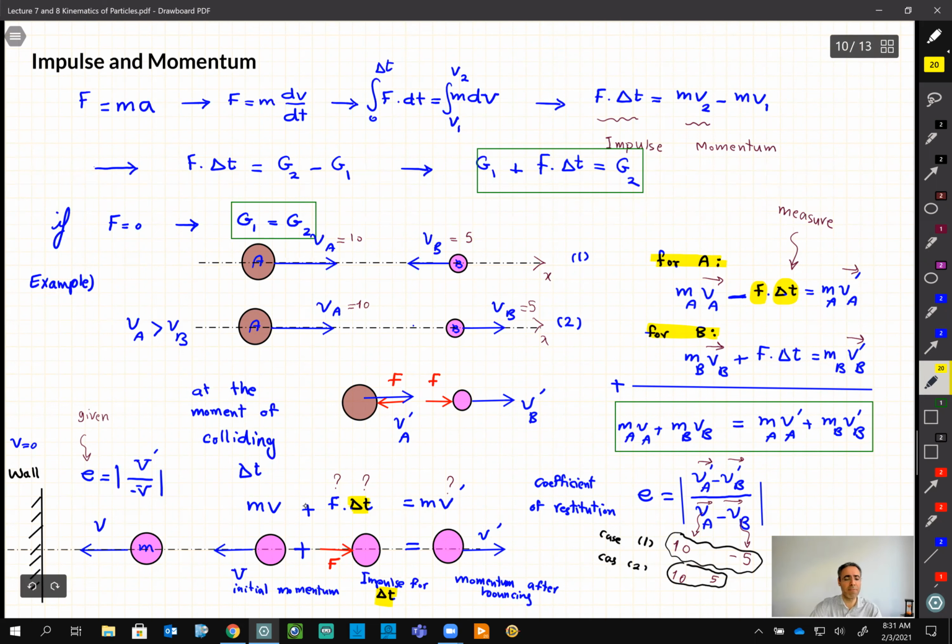Because remember, we have one equation here, E, and one equation is this big one that we wrote here, but still we have three unknowns, F, delta T, and V prime. So we cannot do anything about force unless we build a very tiny advanced Wi-Fi sensor into this mass M, which is very difficult, but we can measure delta T.